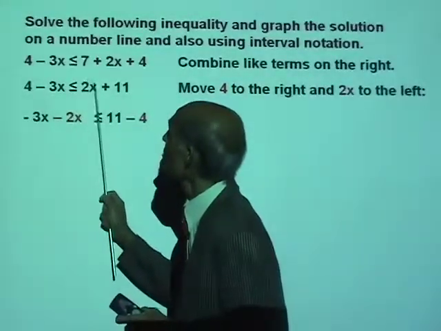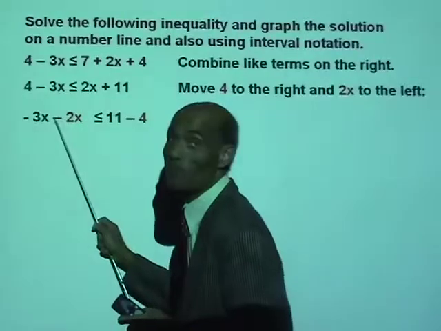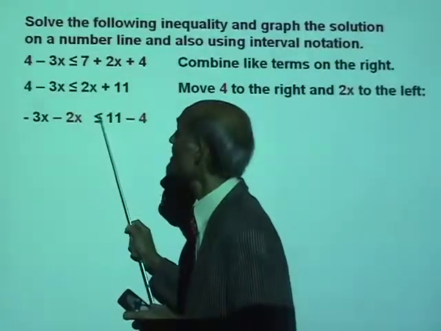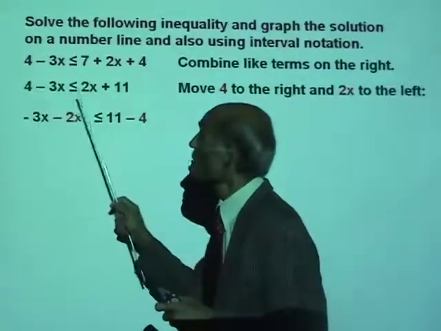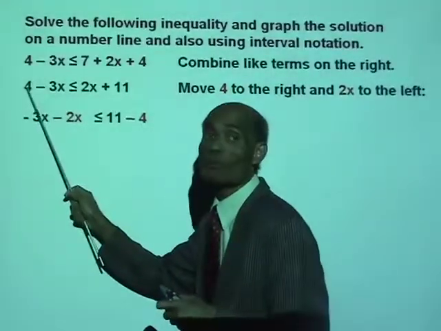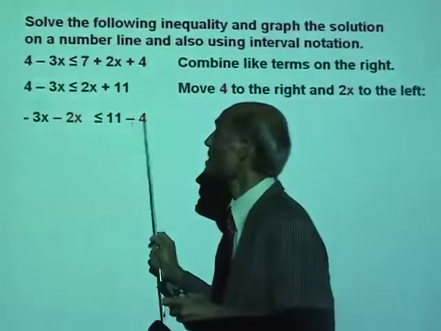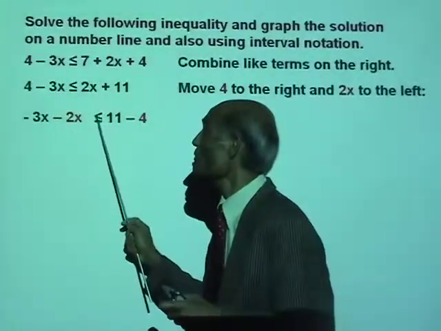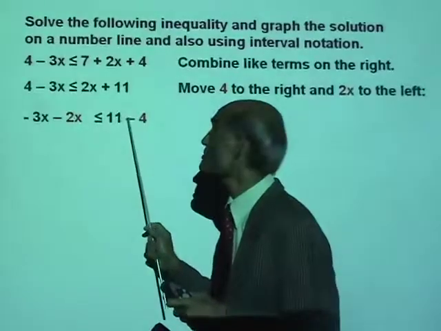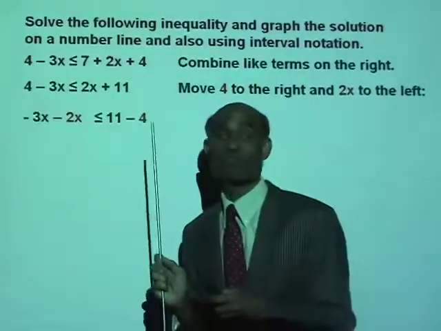We moved 2x from the right to the left, it became minus 2x. Less than or equal to 11 is already on the right. And we move the positive 4 from the left to the right, we get negative 4. Negative 3x minus 2x is less than or equal to 11 minus 4.